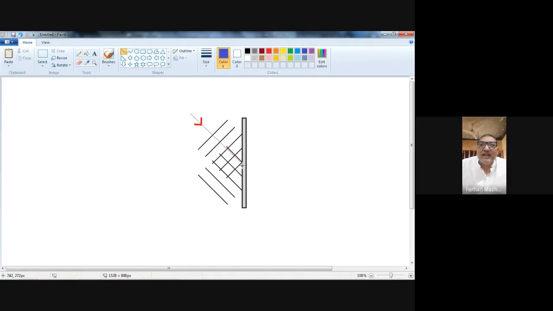You see, from this barrier they are reflected.